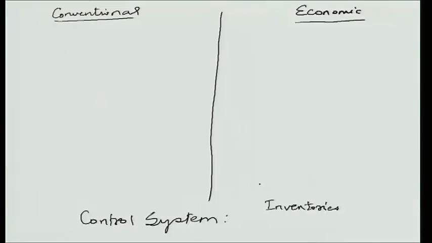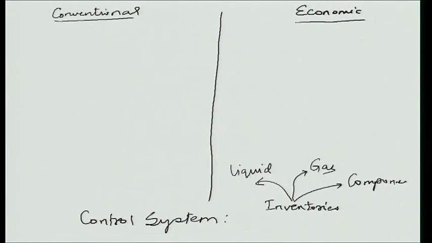So, when I say inventories, I mean liquid inventory, I also mean gas inventory, I also mean component inventories, and in the most general sense, we could also include energy inventories. What does the reaction heat removal mechanism on a reactor do?